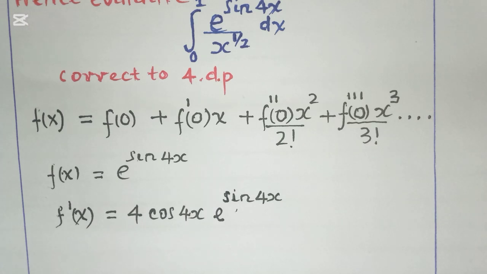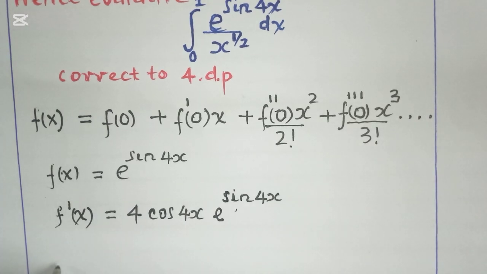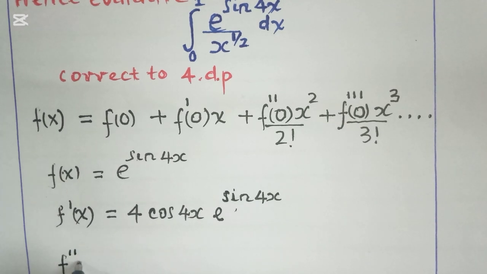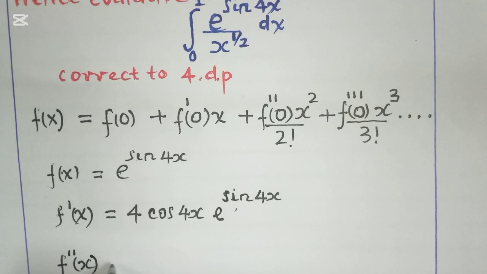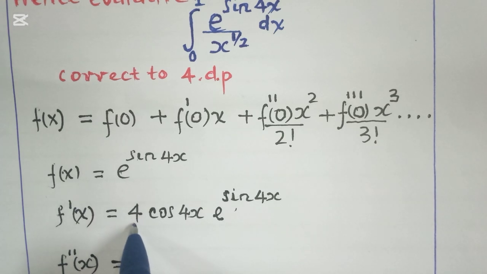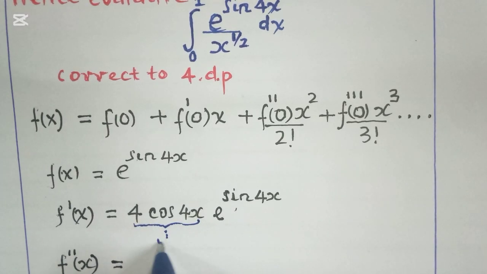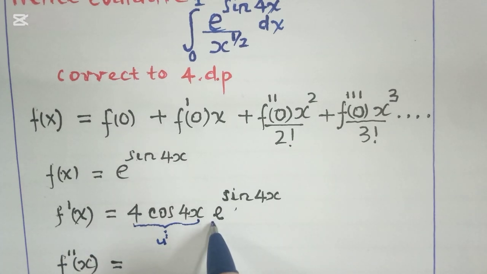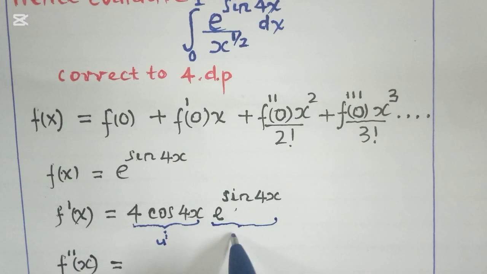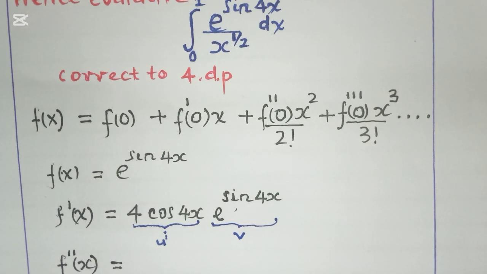From there, guys, we now come to the second derivative. That is, we differentiate yet again. So this is going to be equal to, let's say this is our u, and this one is our v. So guys, we are now going to use the product rule.